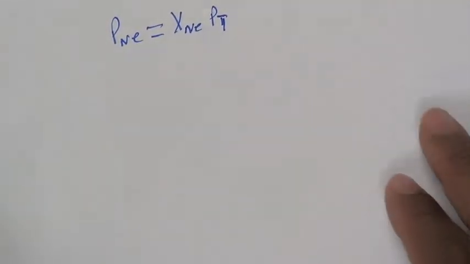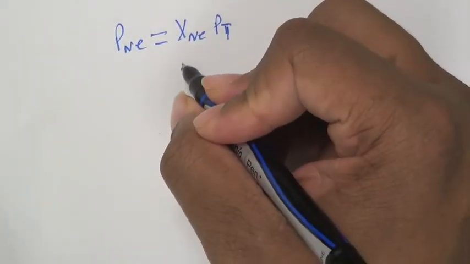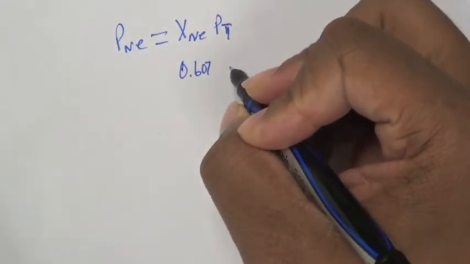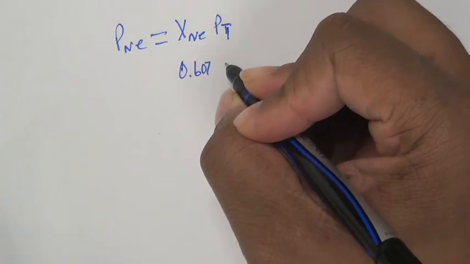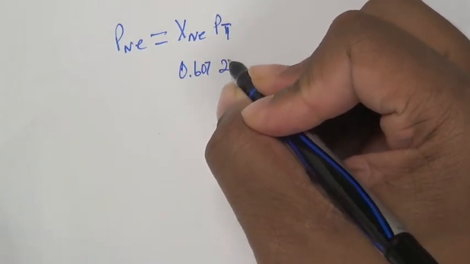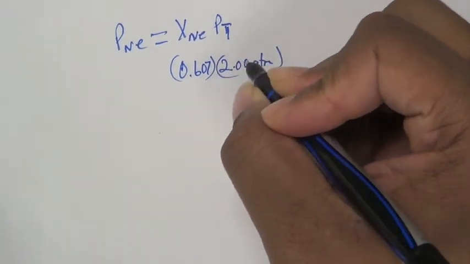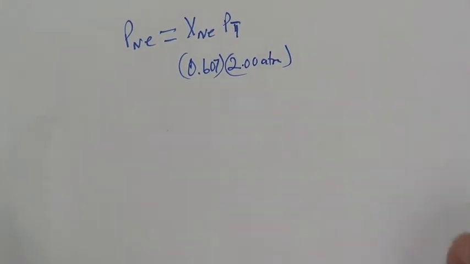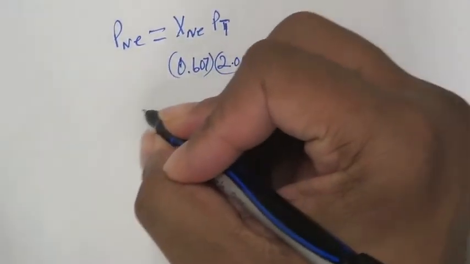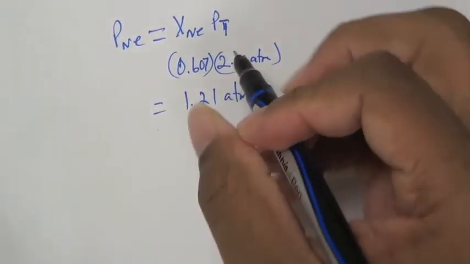So we got everything we need. We calculated the mole fraction to be 0.607, and our total pressure was 2 ATM. Put that in the calculator: 0.607 times 2 equals 1.21. So this is equal to 1.21 atmospheres.